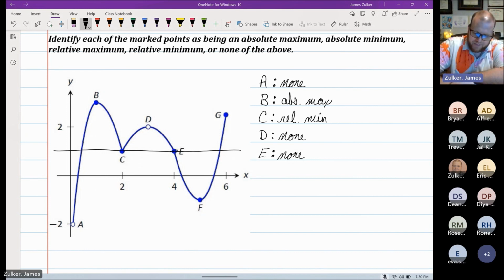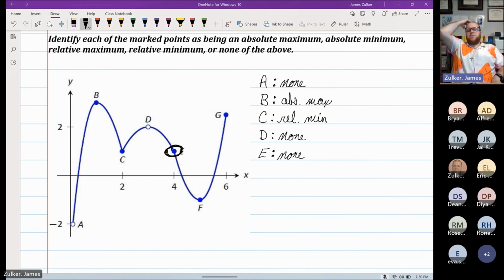There are values above it, there are values below it. So it can't be absolute max nor absolute min. And no matter how small we make that interval, no matter how much we shrink that disk, it will never be the largest or smallest value. You're always going to have values above and below. So it can't be a relative either.